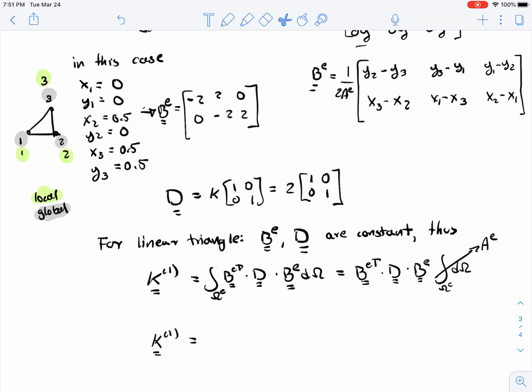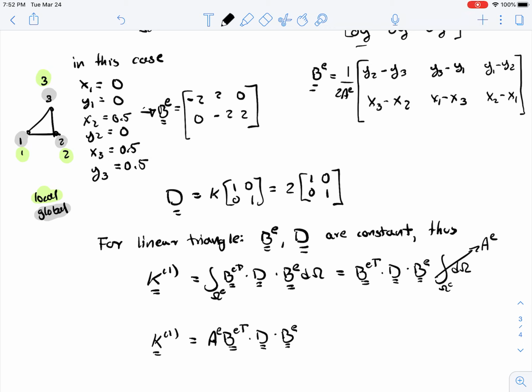And so finally, we don't have to do any integral, we just end up with this: area of the triangle times B transpose times D times BE.